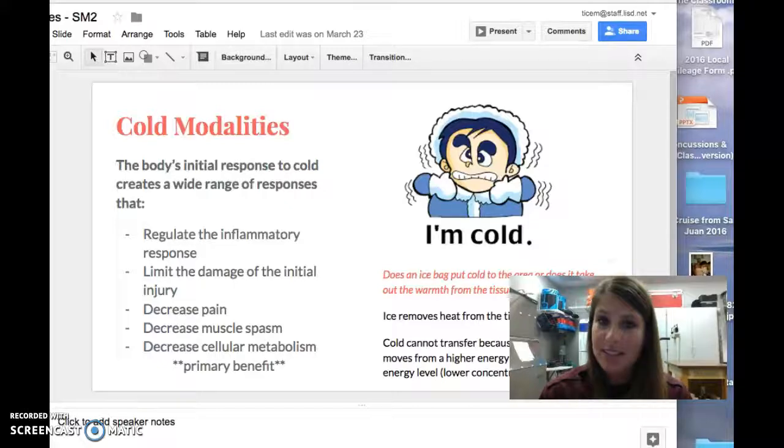Other responses that involve using a cold modality are a decrease in pain, a decrease in muscle spasm, and the big one that we think about and relate with our injury process is decreased cellular metabolism, okay? And I know we think of metabolism always being like, oh, when I eat food, I have fast metabolism, so it burns it off.